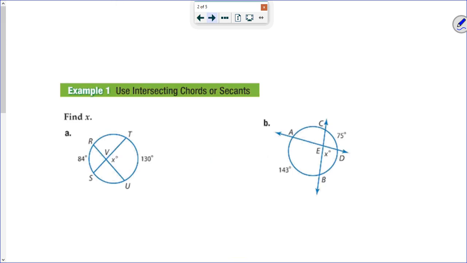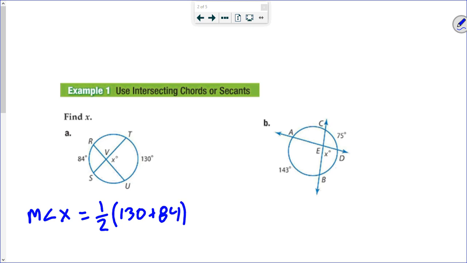Example: use intersecting chords or secants. In part A, we want to find x. Again, we can use our formula. The measure of angle x is equal to 1/2 the sum of the intersecting arcs. TU and RS are the arcs we're looking at. So 130 plus 84.